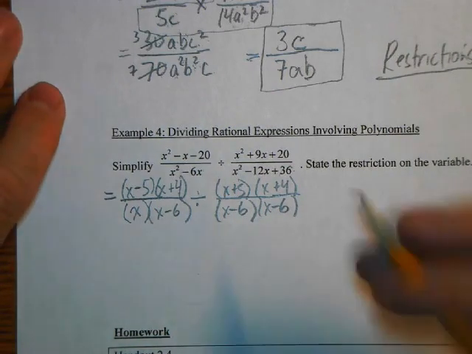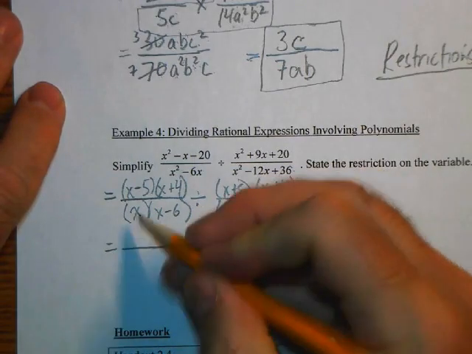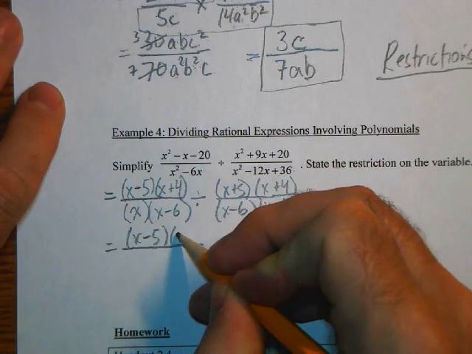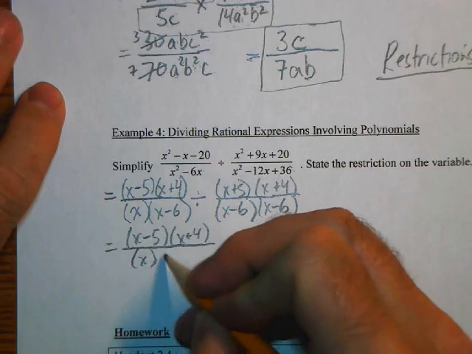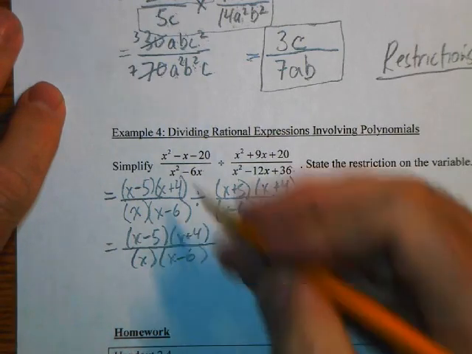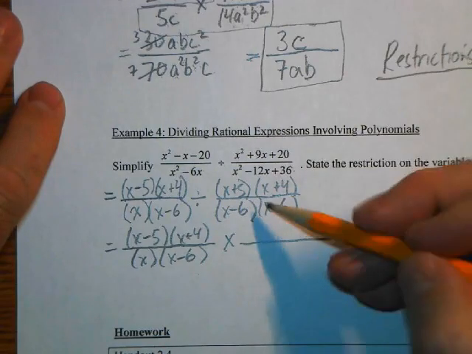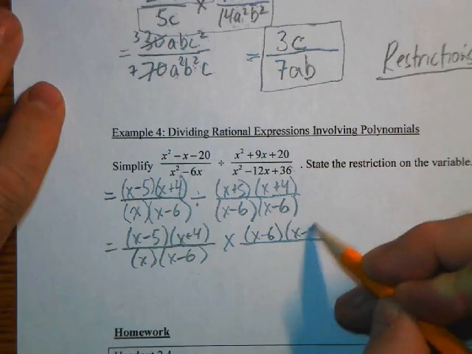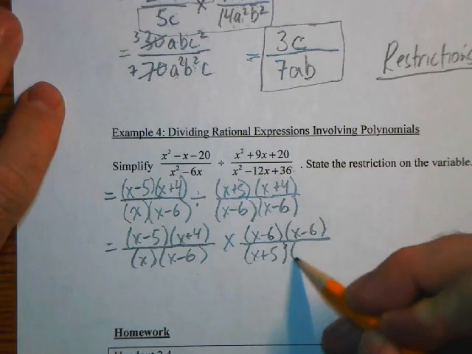Okay, now at this point, I'm going to flip the second rational expression, because we're going to change it into a multiplication question. So the first rational expression is unchanged from the previous line, but now we change it to a multiplication. So now I'm putting the x minus 6's on the top, and the x plus 5, x plus 4 on the bottom.